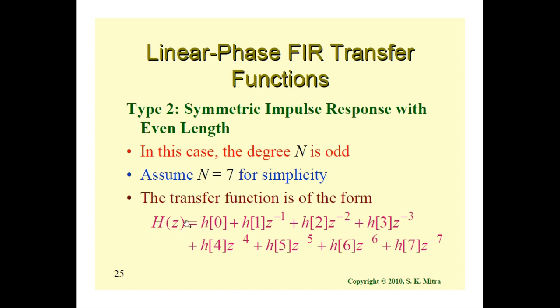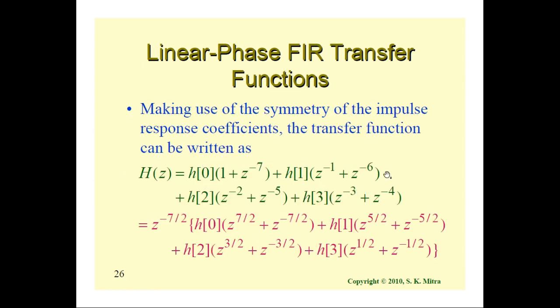Again, we explicitly expand the transfer function in the powers of z inverse. Here h0 corresponds to h7, h1 corresponds to h6, h2 corresponds to h5, and h3 corresponds to h4. Again we combine them together, and later on we take the common factor. Now the common factor should always be equal to z power minus N by 2.